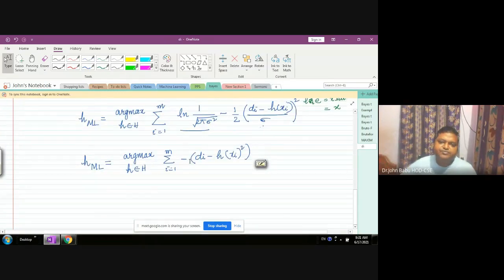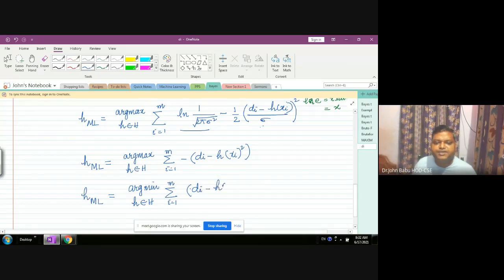Because this is a negative value, maximizing a negative value is the same as minimizing the positive value. So the maximum likelihood hypothesis is the minimized value, over h belongs to H, sum over i equal to 1 to m, of di minus h of xi, whole square.